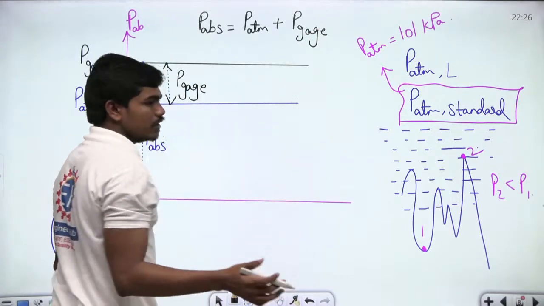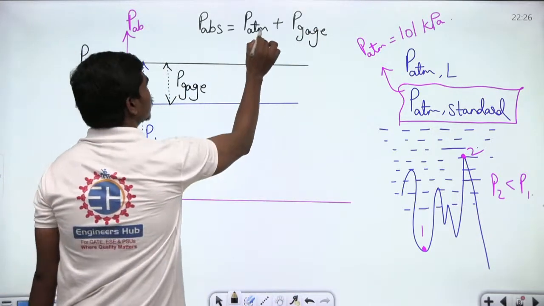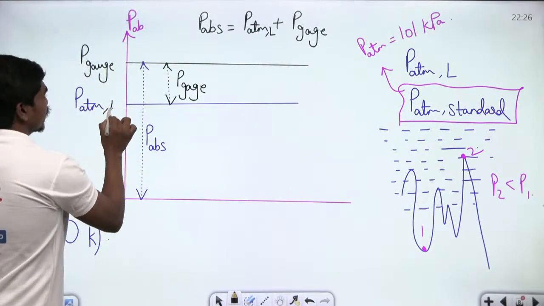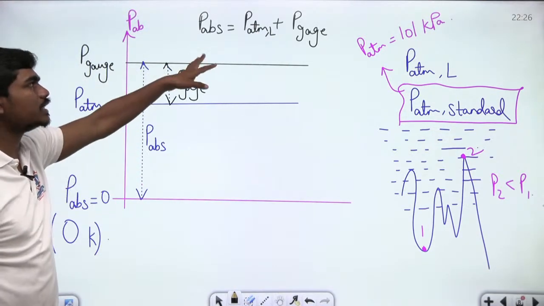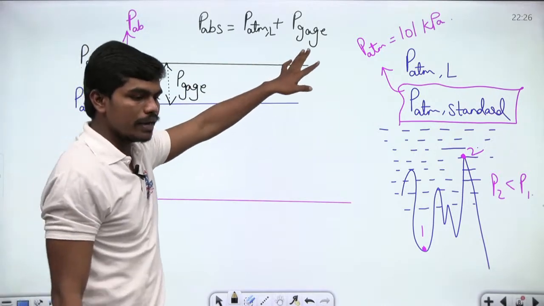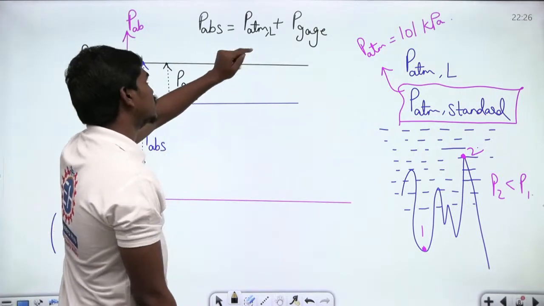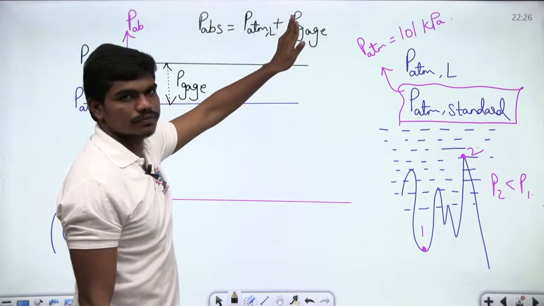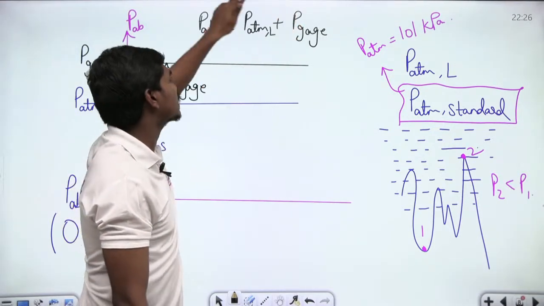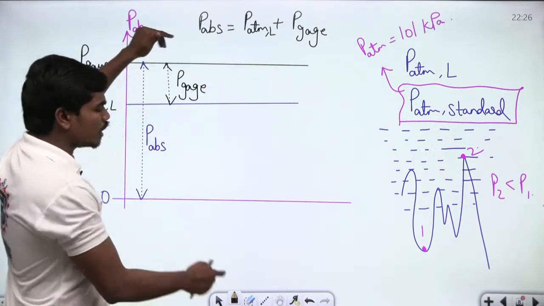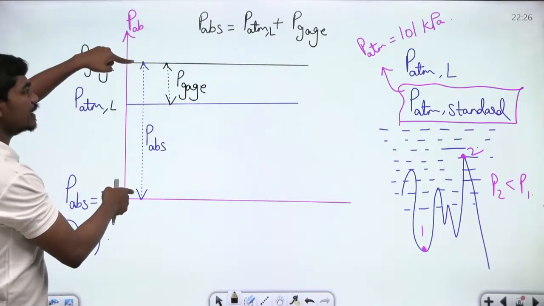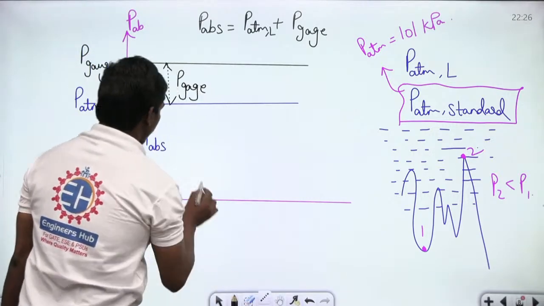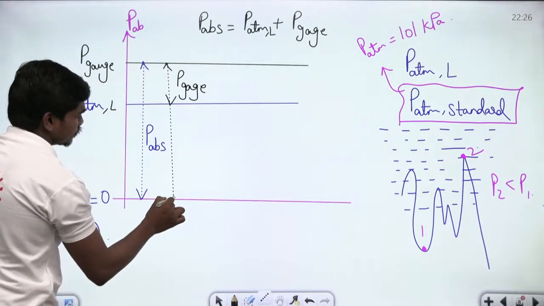Or for more accuracy, you can take the local conditions, P ATM local. So P absolute is equal to P ATM plus P gauge, or you can write P gauge is equal to P absolute minus P atmospheric, or P atmospheric is equal to P absolute minus P gauge, because mathematically you can see what's happening here. If this is P ABS and this is P gauge, let us also write one more important thing.